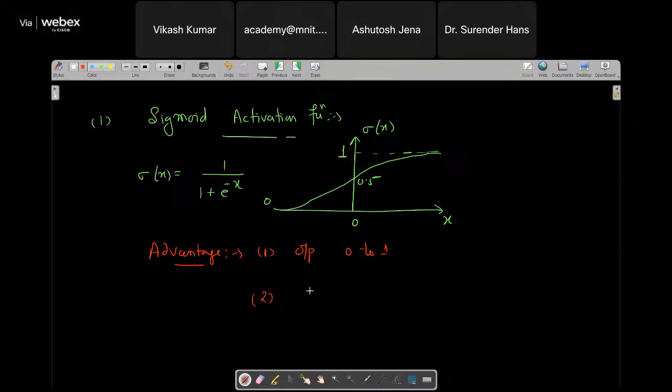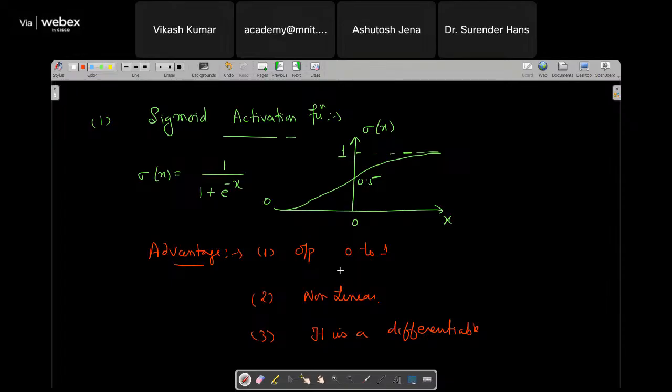The third advantage is it is differentiable. It is a smooth function, so we can use it in back propagation. Clear?